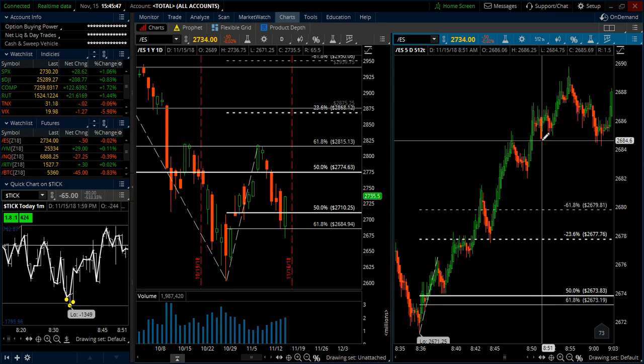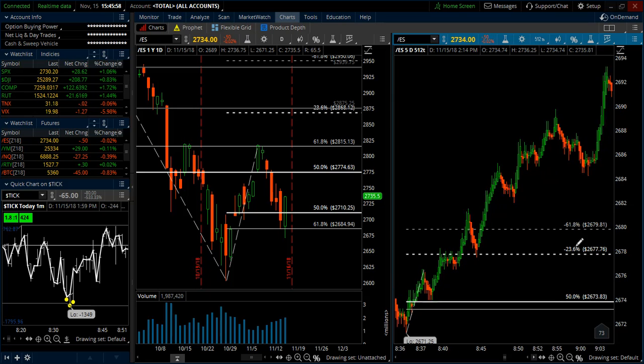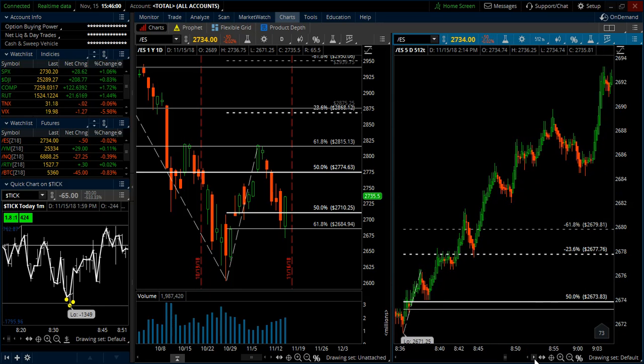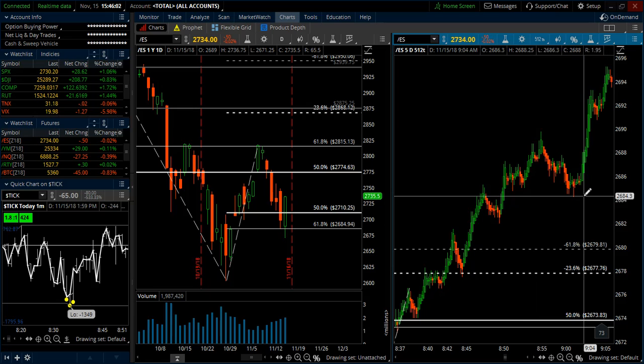I had my stop back here at the 85, I think it was, 84.50 is where my stop was at the time, and then got taken out as we broke down just by a little tick.